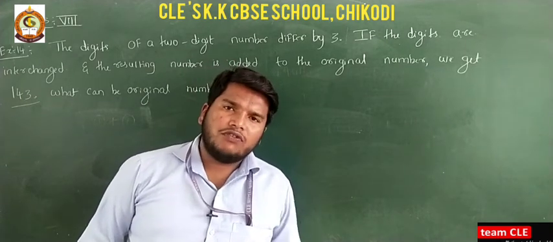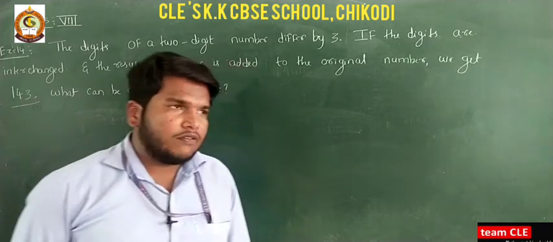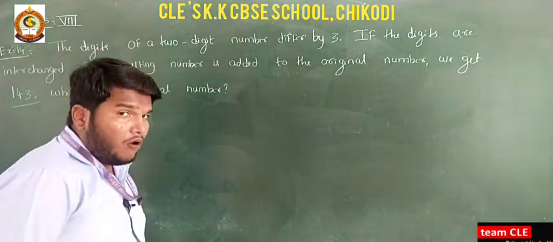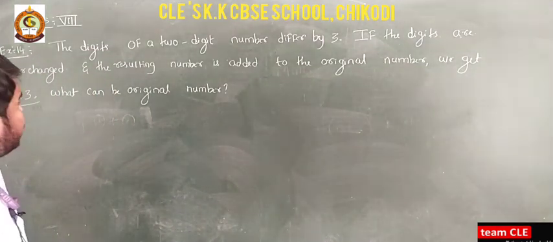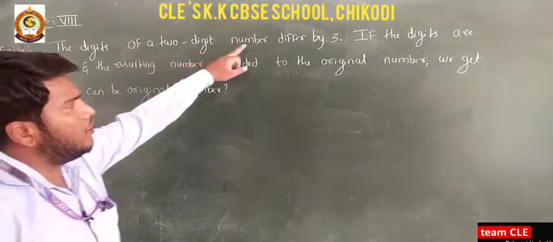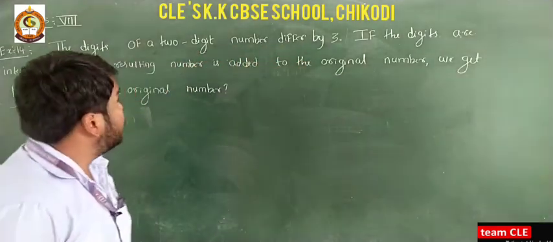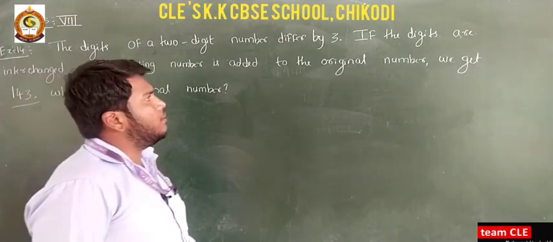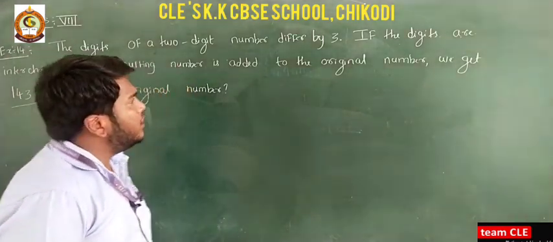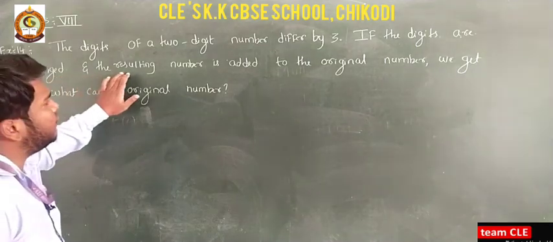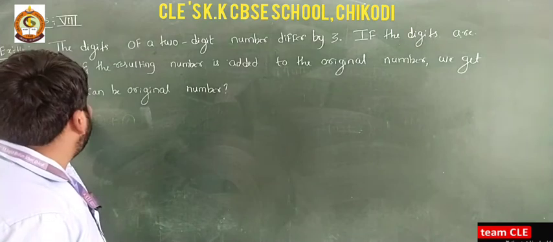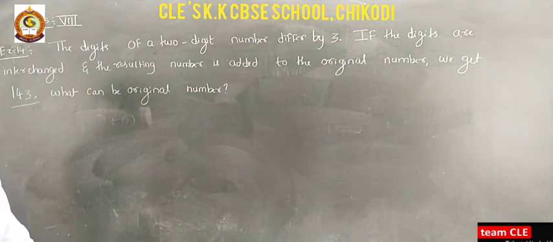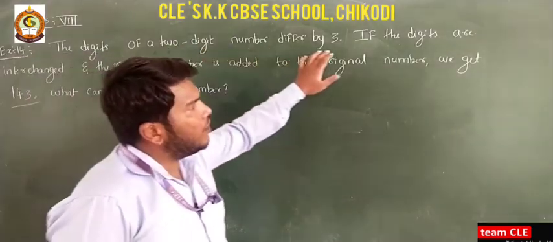In this video you are going to learn a new concept, some more applications of linear equations in one variable. Example number 14 says: the digits of a two-digit number differ by 3.